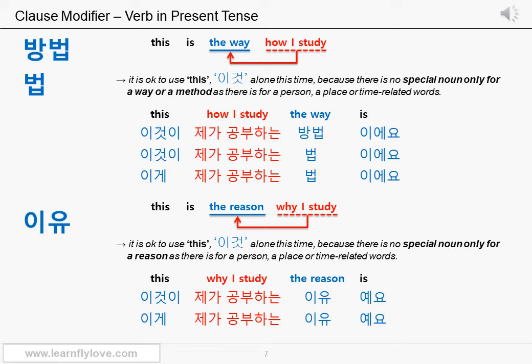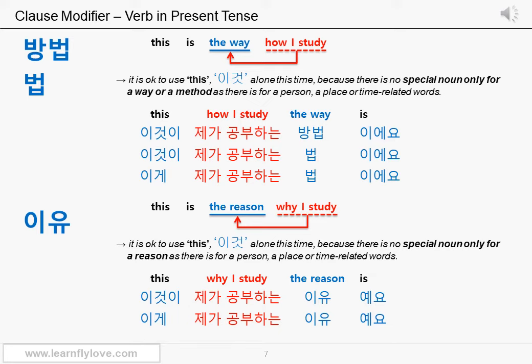This, 이것. Let's use the subject particle 이. 이것이. How I study. We don't translate how. I, 제가, study, 공부하는, 제가 공부하는.